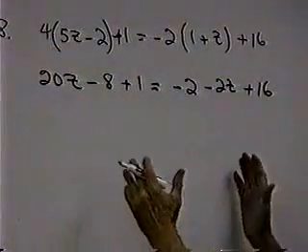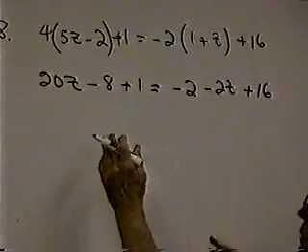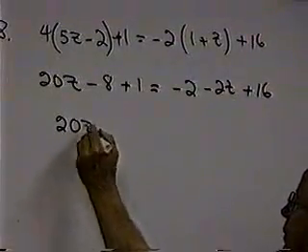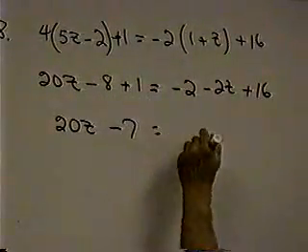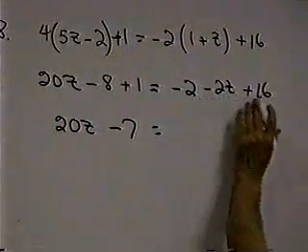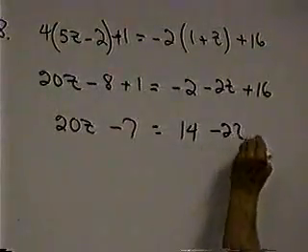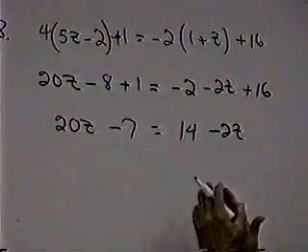Okay, now what we have is combine all the terms. So 20z, and here I have a minus 7, adding those, and then adding the numbers here I have 14 and 2z. Alright, now we're ready. Moving things across.